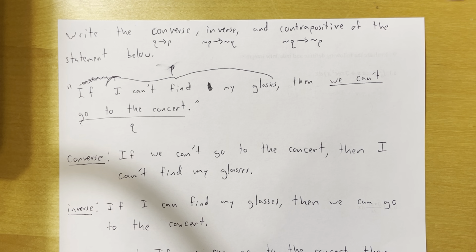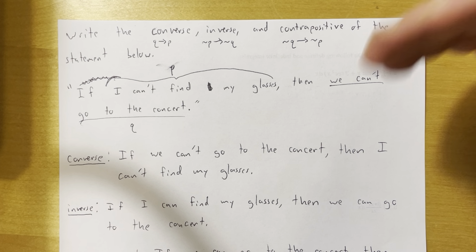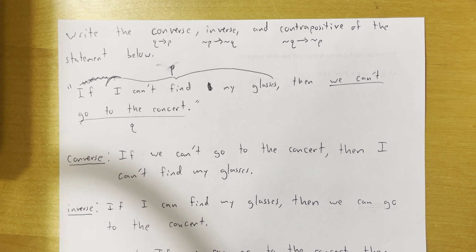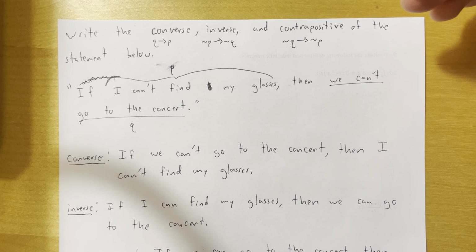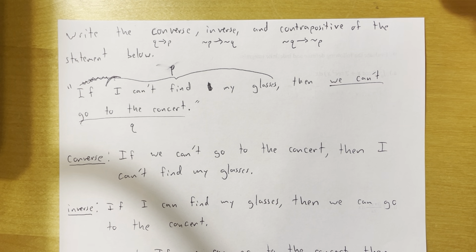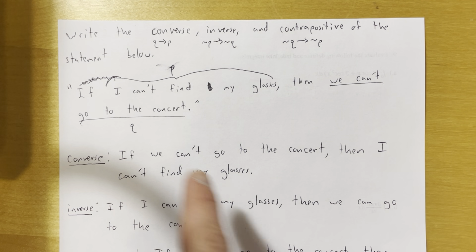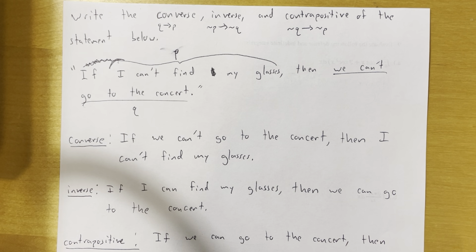But in informal discussion, debate and arguments, it's a common mistake to assume that the converse of a statement is true. So in this example, we can intuitively see why the converse wouldn't be true. Let's go back to the original statement for a second.